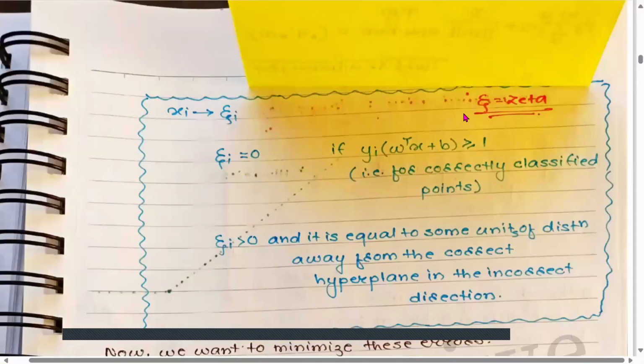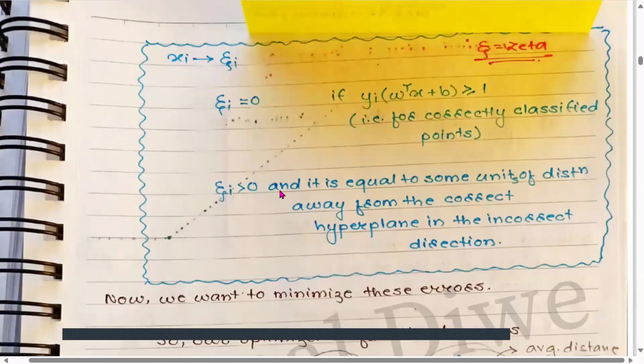Here zeta is clearly written: zeta i. Zeta i equal to 0 means the point is correctly classified, that is, greater than or equal to 1.